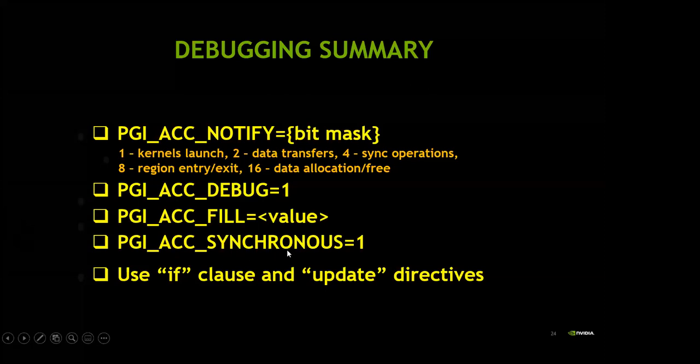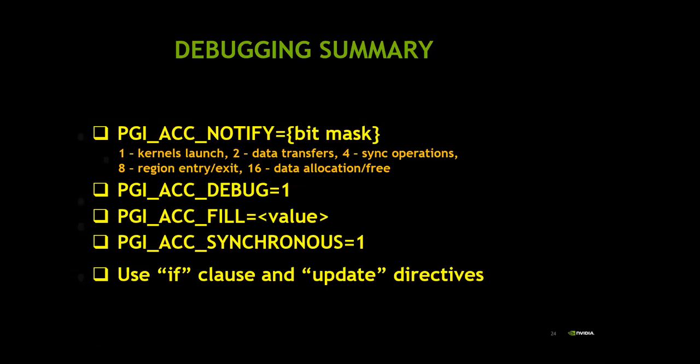If you have a missing wait, for instance, this is where this variable could be important, because if everything works synchronously, you know that there is certainly a synchronization missing or not happening correctly. PGI SEC debug equal 1, of course.